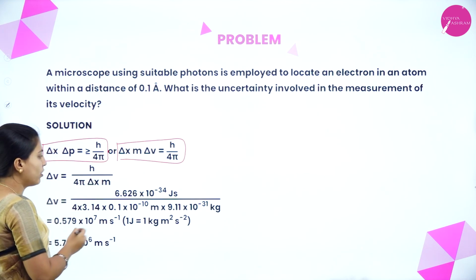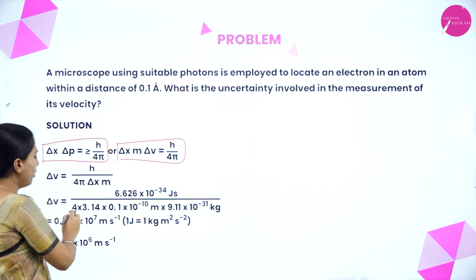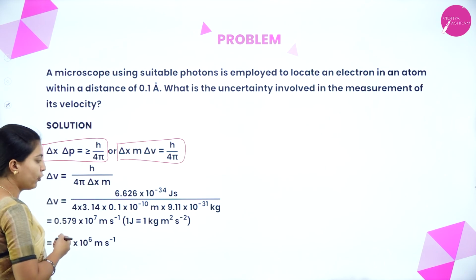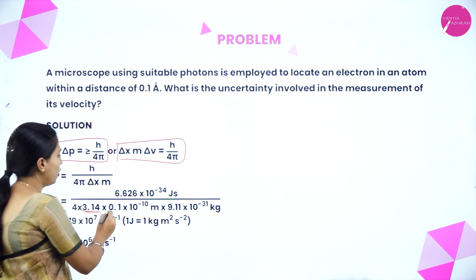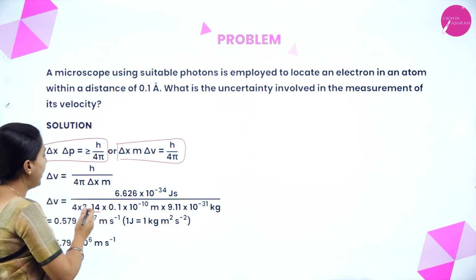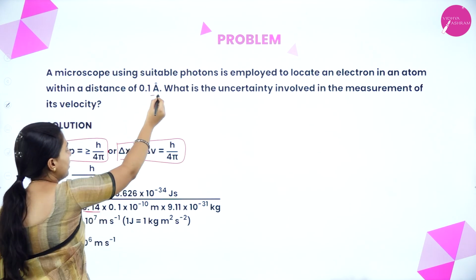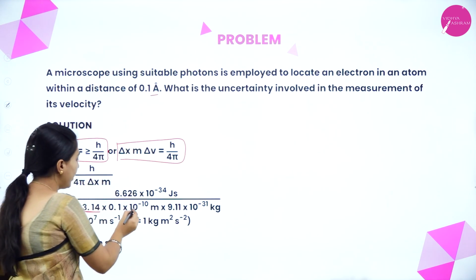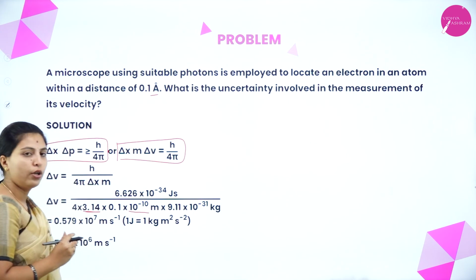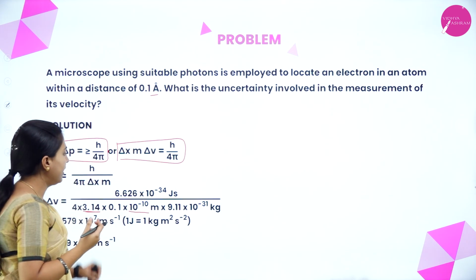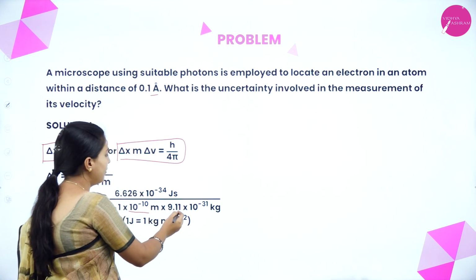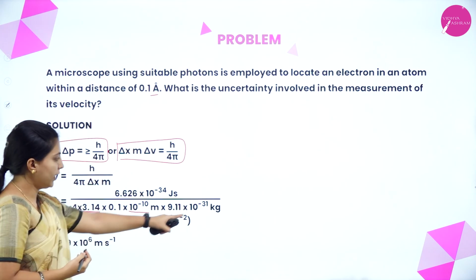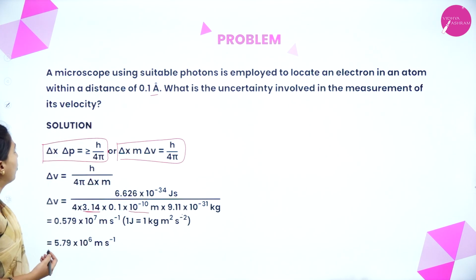We know the Planck's constant, we have written here. 4 pi, pi means 3.14, this is the pi value. 0.1 they have given into 10 to the power of minus 10, they have given in angstrom. So, we have to substitute 0.1 into 10 to the power of minus 10 meters into 9.11 into 10 to the power of minus 31.